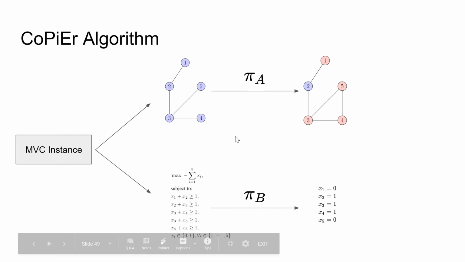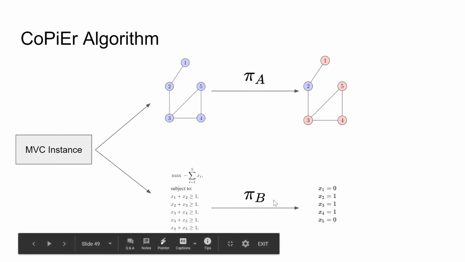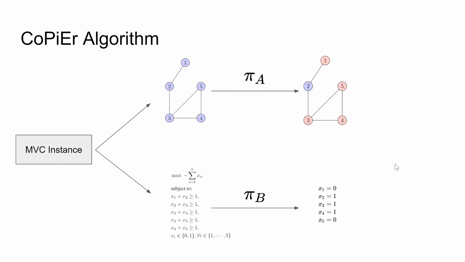Then I can train a policy on each representation. On representation A, I train a policy pi A, and on representation B, I train a pi B. How the training is done is very flexible. We can either use reinforcement learning or imitation learning. The algorithm doesn't really care what algorithm is used.